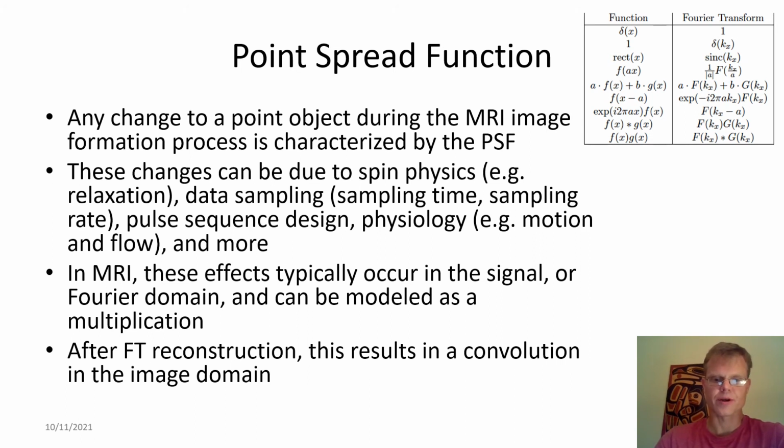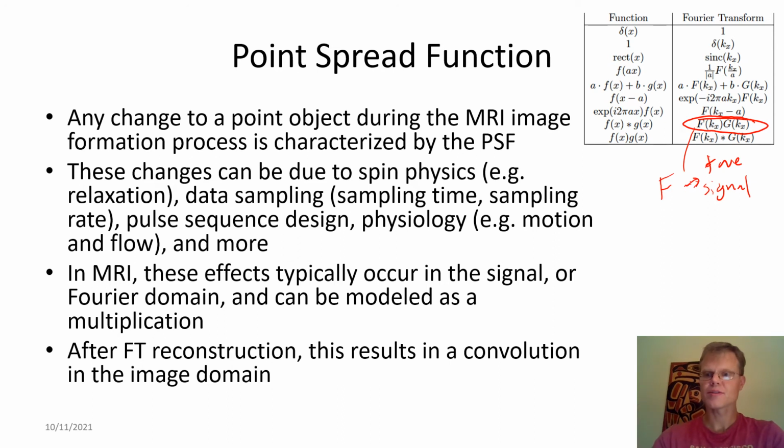So jumping up here to our Fourier transform table, we're right in this place right here, where, for example, f could be our true signal, what we really want to measure from our object, and g would actually be the Fourier transform of our point spread function. So it accounts for other effects, imperfections.